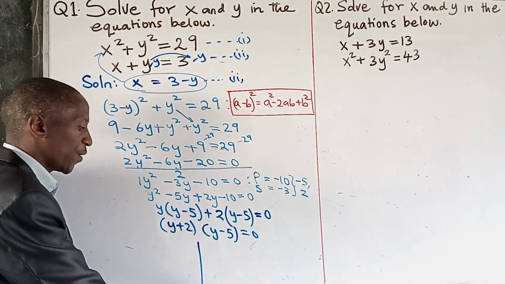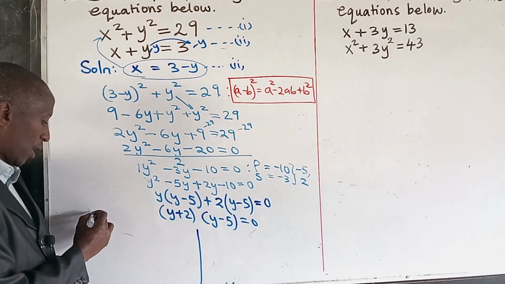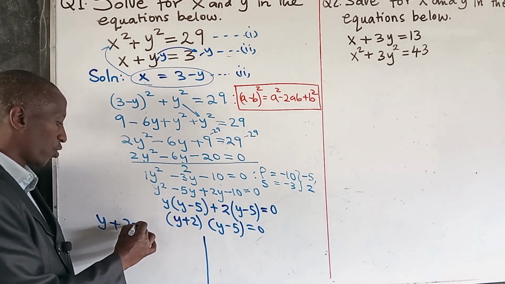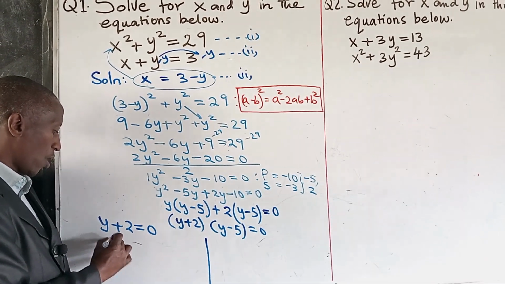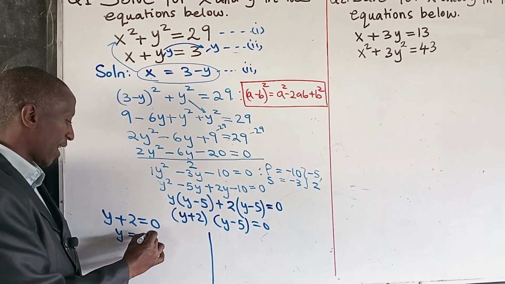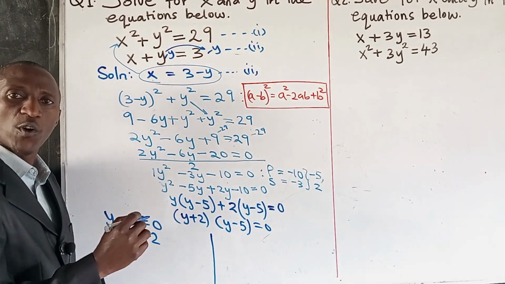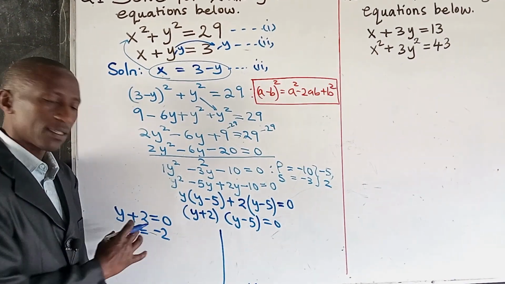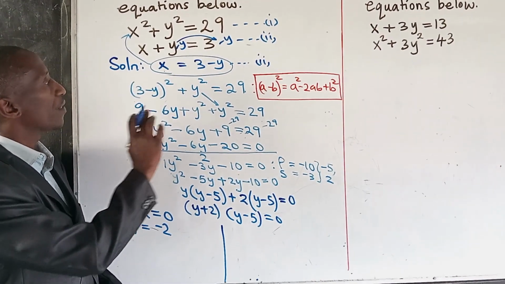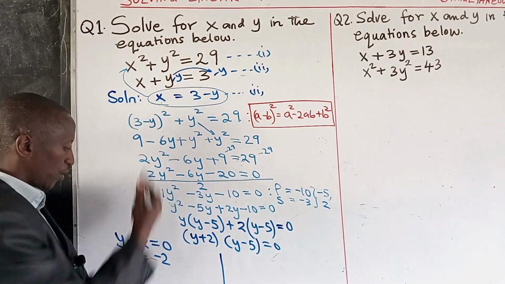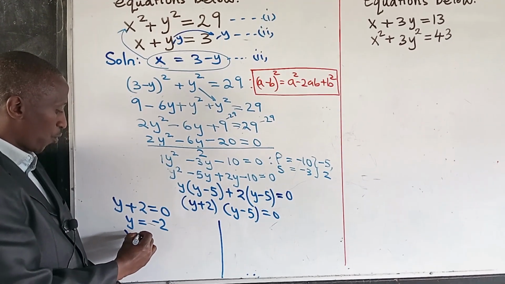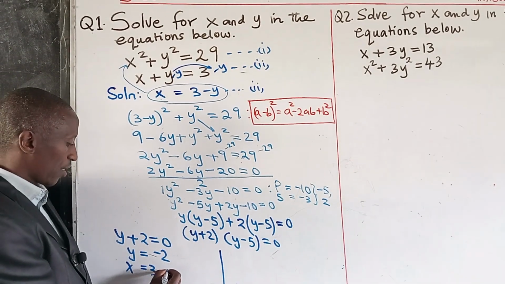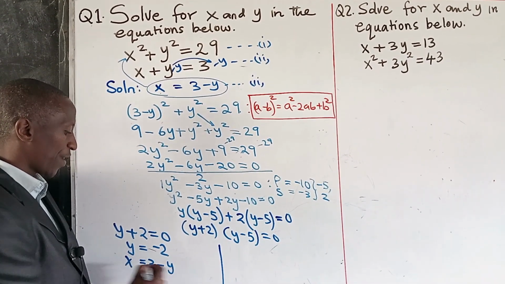So straight away, if we start with the first part, whereby we are saying y plus 2 is equal to 0, that means y is equal to negative 2. At that point, we ask ourselves, what is the value of x? We come to our simple equation here, which we had said that x will be equal to 3 minus the value of y.